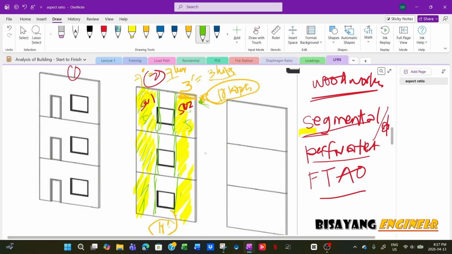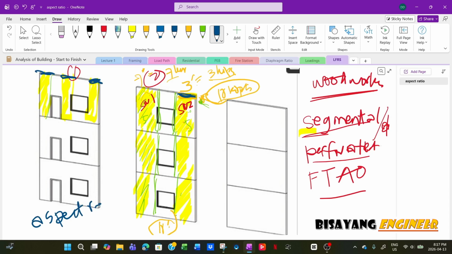And if you have something like this one here, this is also one panel, and this is also one panel, provided the panel length meets the aspect ratio for shear wall.